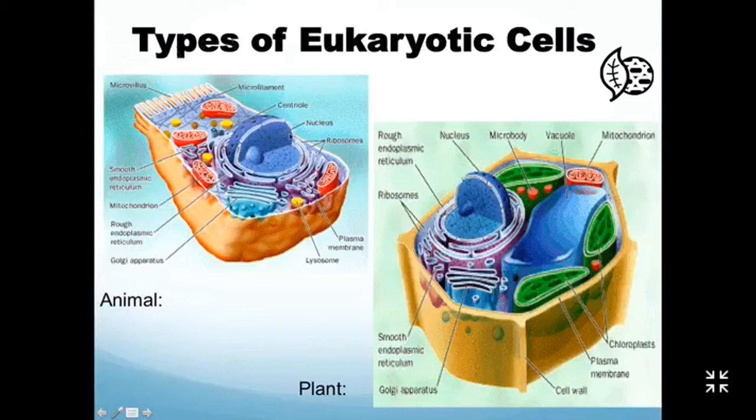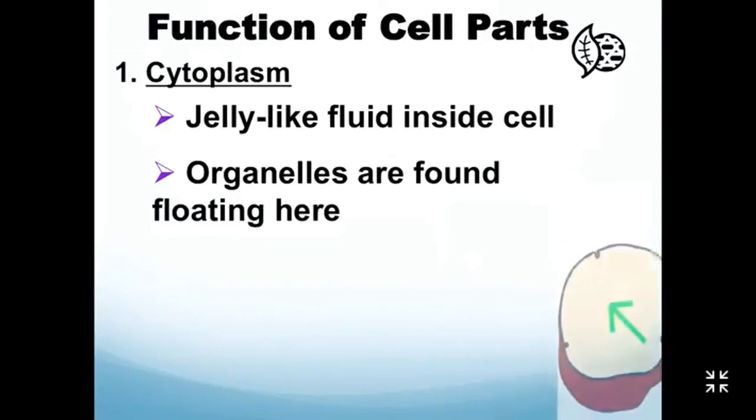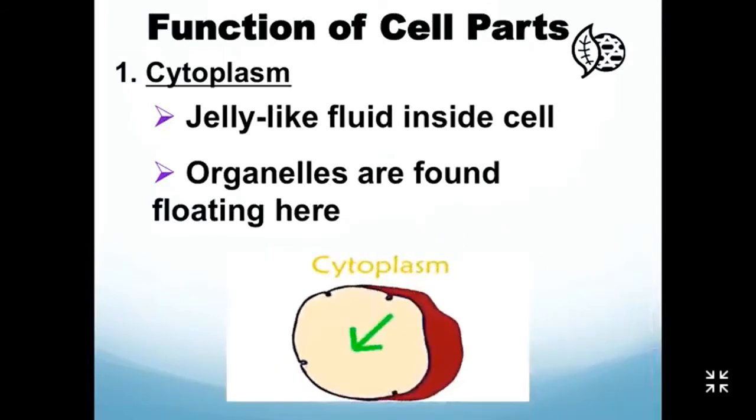Now let's proceed to the parts and function of the cell. Let's start with the first organelle, which is the cytoplasm. The cytoplasm contains a jelly-like fluid inside the cell.